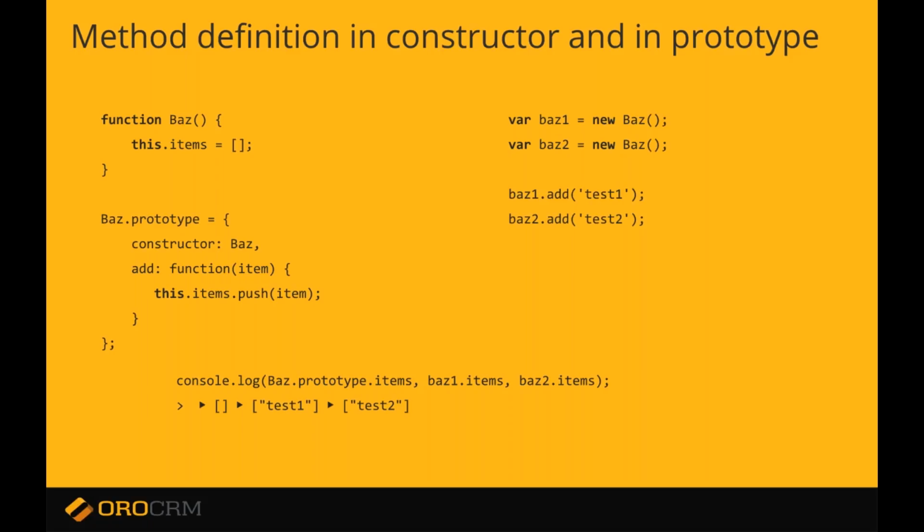So we take it out from the prototype and put it inside the constructor. Now we see that each instance with the invoked add method has only its own items. And the initial bus prototype items should actually be undefined, because in the prototype we did not define items. It's also a mistake on the slide. Nevertheless, I think you understood the point.